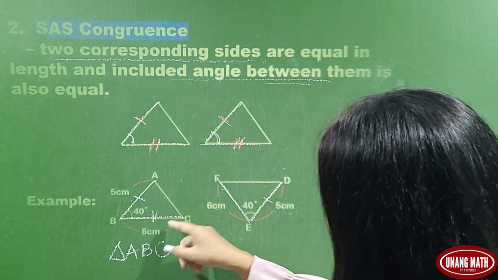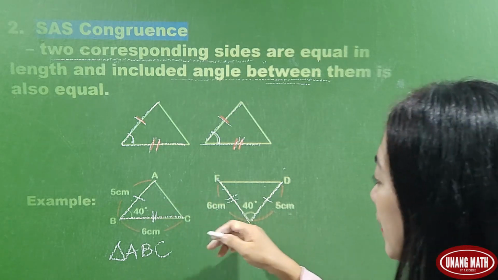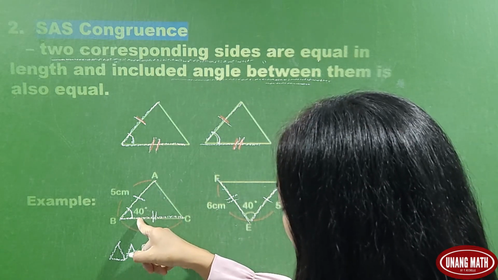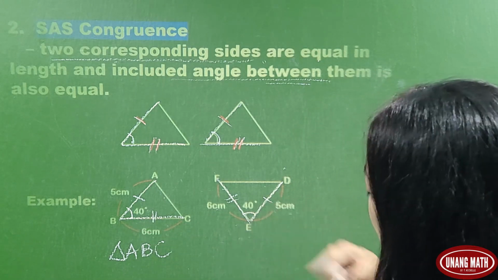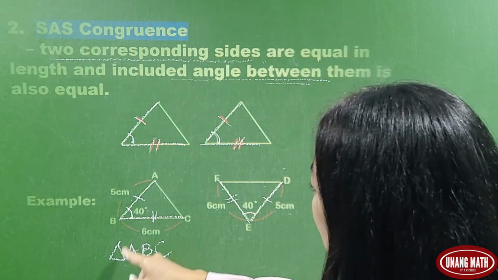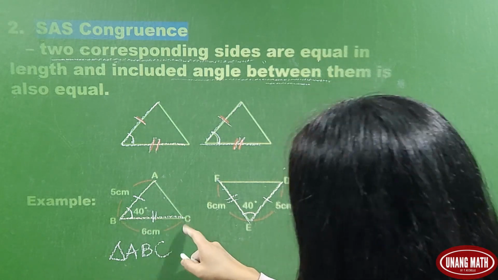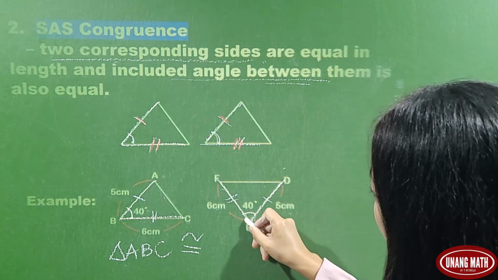So this side corresponds to this side. And between these two corresponding sides, we have this angle 40 degrees, and we also have this angle here 40 degrees. So it means triangle ABC is congruent to triangle DEF.